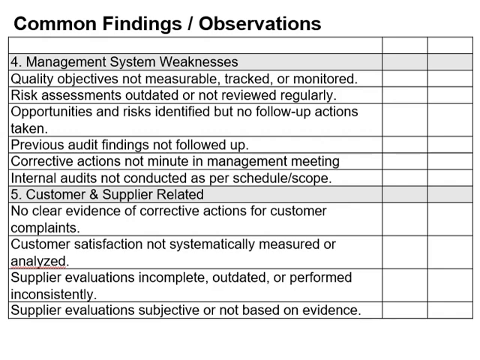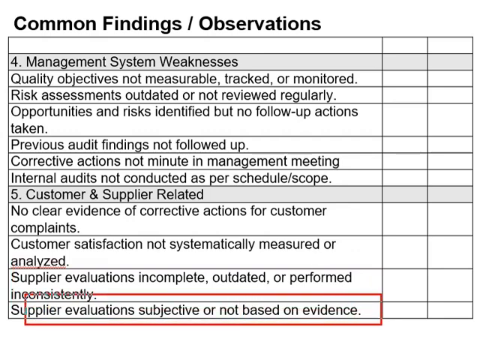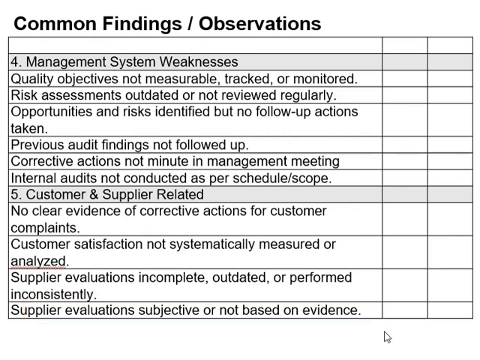Among common observations include supplier evaluations incomplete, outdated, or performed inconsistently. Second, supplier evaluations subjective or not based on evidence. Now, for an organization, you need to provide quality products or services.